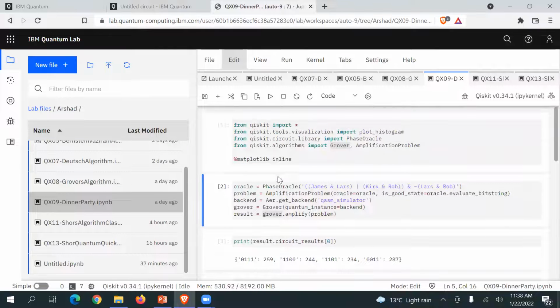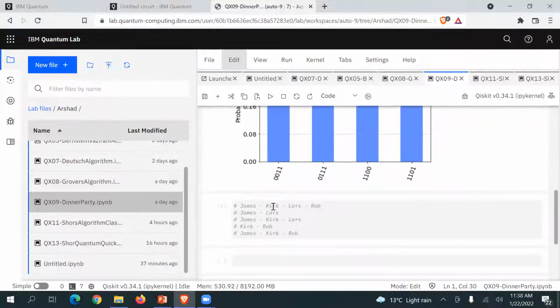So we can think of it as 0 left to right. The leftmost position would be James, then Kirk, then the third is Lars, and then Rob. So this is a probability, right? So 0 is James' position, second position is Kirk, third position is Lars, and fourth is Rob.